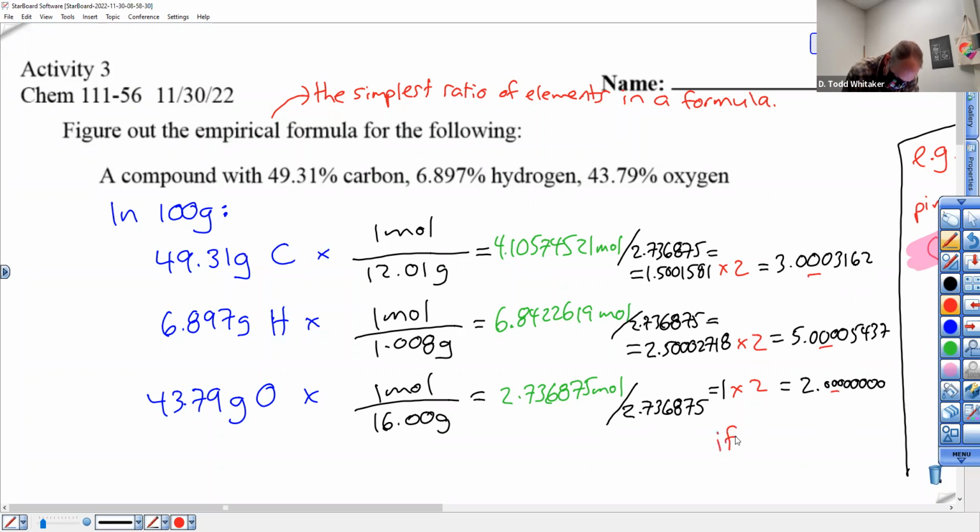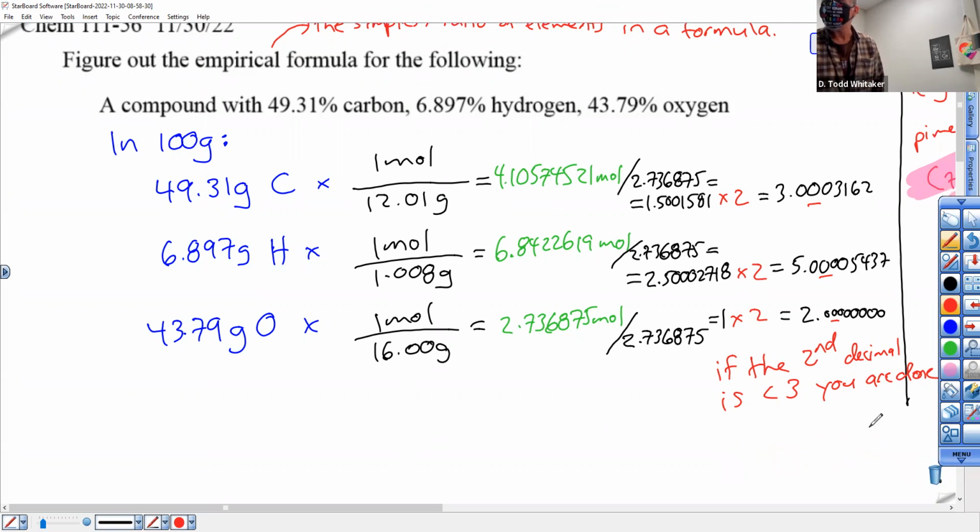If the second decimal is less than 3, you are done. Otherwise, you're going to have to multiply by more stuff. Now, it could be a 0.99, or a 0.98, or a 0.97. That's also within 0.03.